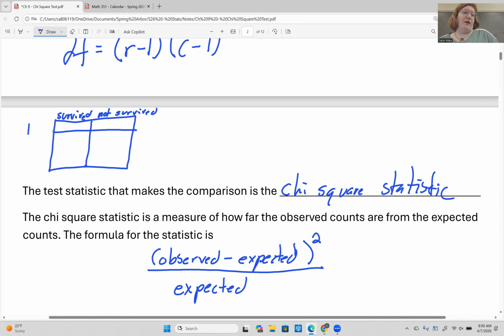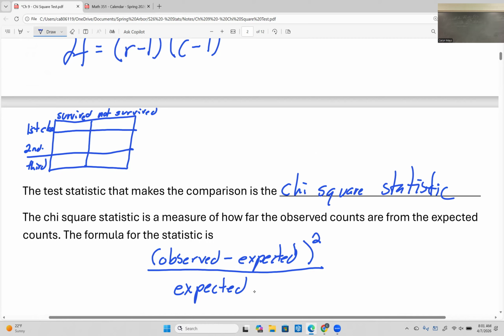And then it had row variables. In the Titanic example it was class, so first class, second class, and third class. Each one of these has an actual what happened versus an expected. So each one of these cells has this observed minus expected squared divided by expected.